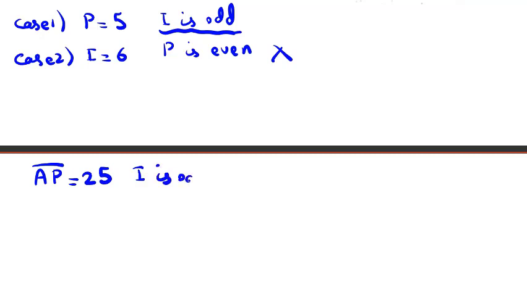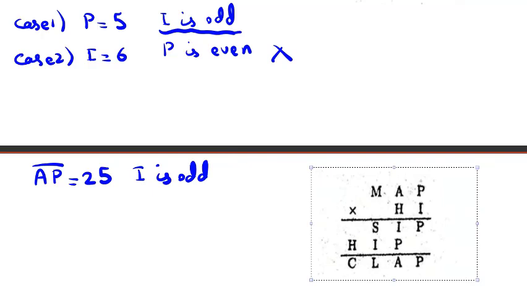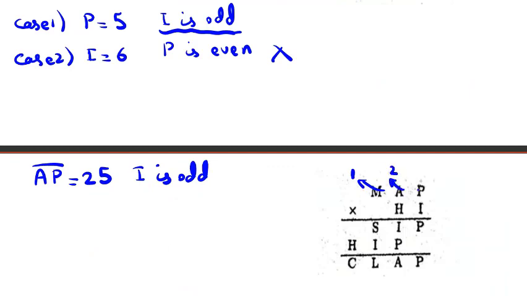I is odd. And let's paste the things we've reached here. We only said M is 1. A is what? A is 2. P is 5. And this P is also 5. I is odd.